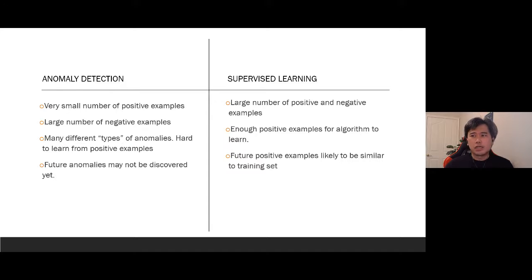Supervised learning is when you have a large number of positive and negative examples, more like equal to each other. That's where it works best.